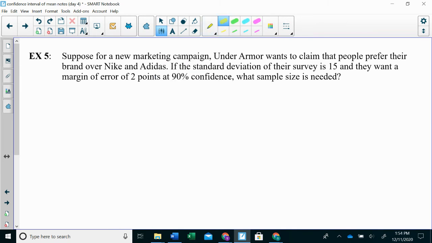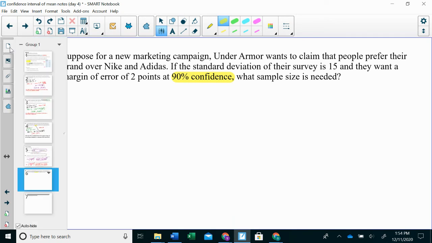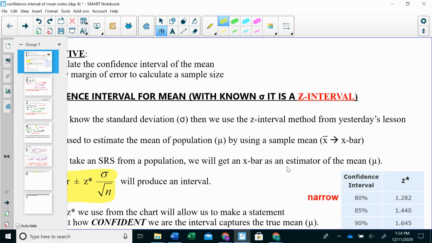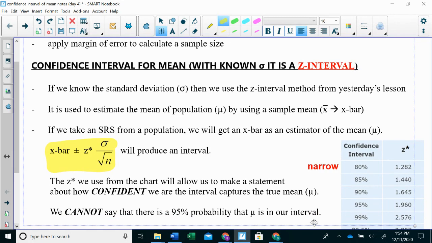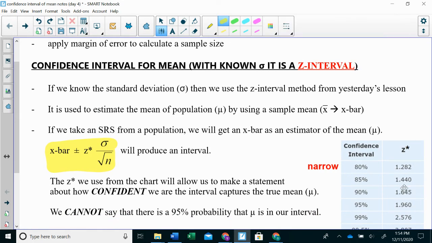So notice we've lowered the confidence level down to 90%. If we're down to 90% confidence level, what factor do we get off of our Z interval chart? So let's go back to the first slide. At 90% confident, we're going to use the factor 1.645.